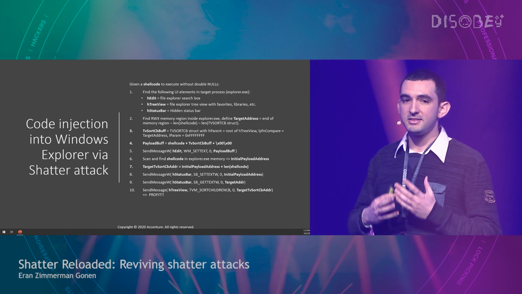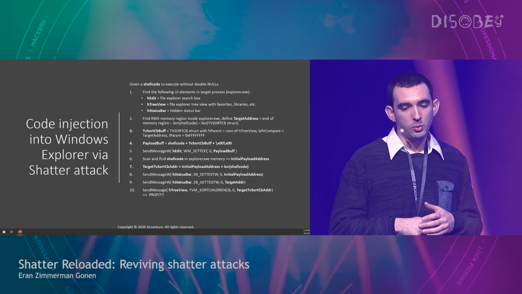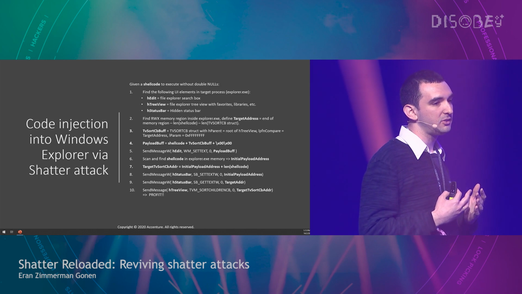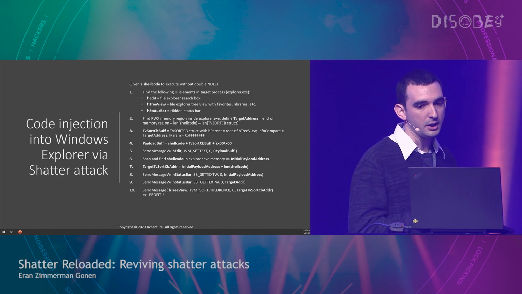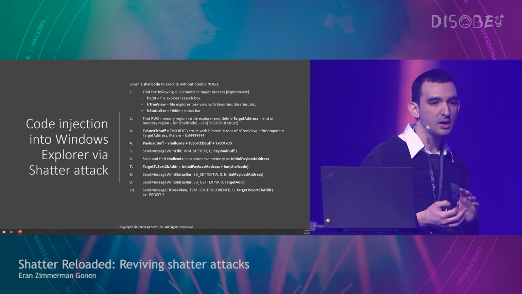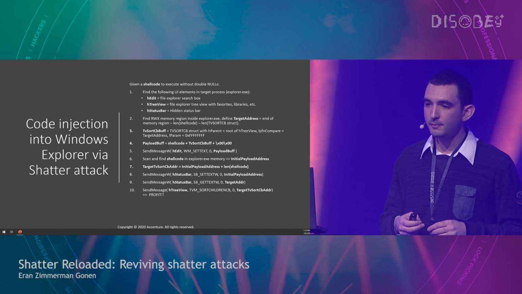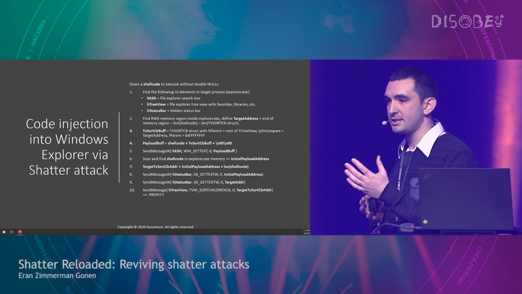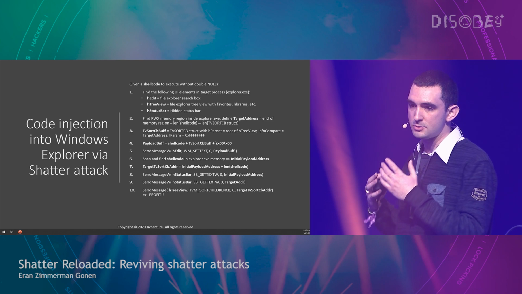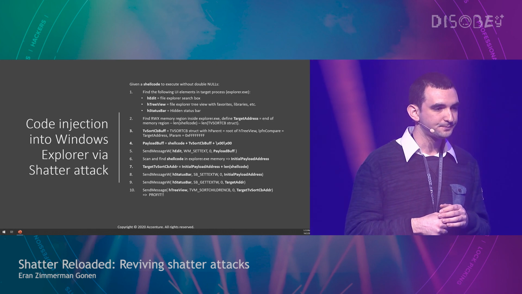Basically, given a shellcode that doesn't have any double nulls, what we did is, first of all, we find the handles to all those UI elements that we need, so the edit box, the tree view, and the status bar. Second, we find the RWX memory region inside the process, and we select our code cave inside it. In this case, we chose the end of that region.